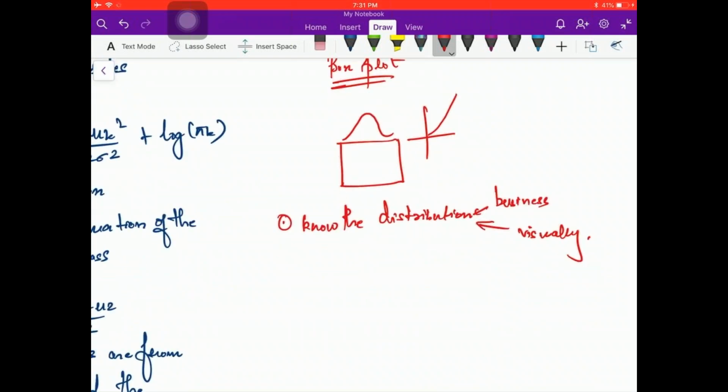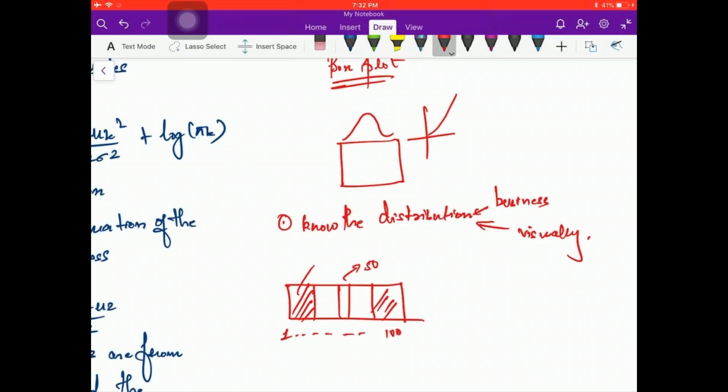So whenever we are trying to find a median, let's say your numbers are sorted 1 to 100, and 50 is the median. Your first quartile is the 1/4 region, your third quartile is the 3/4 region, so basically it is divided into four parts.